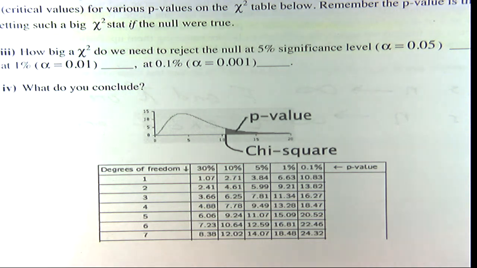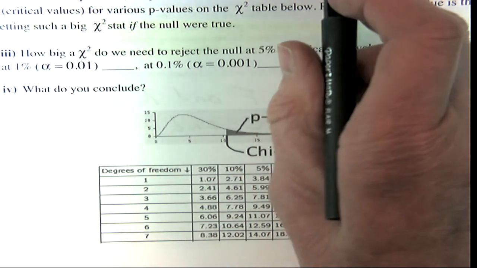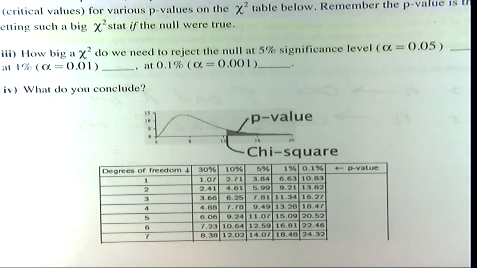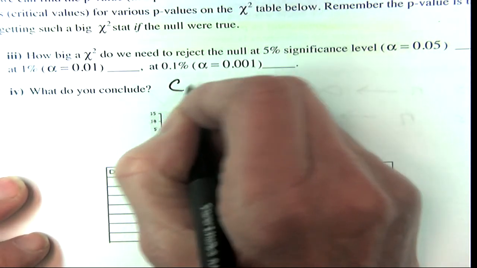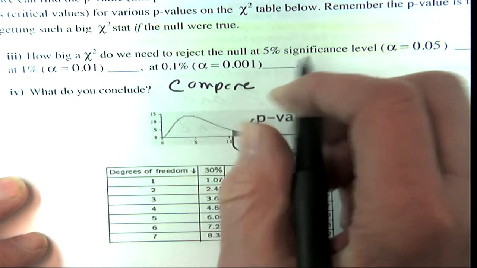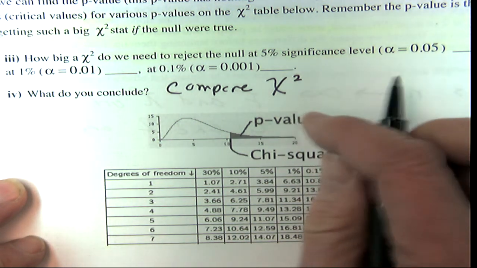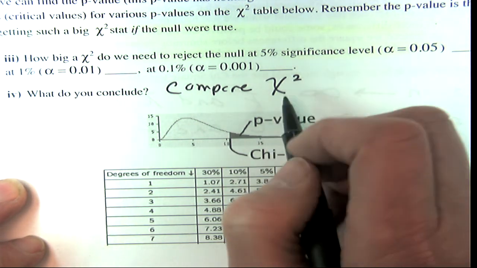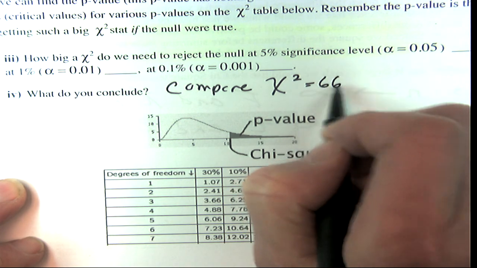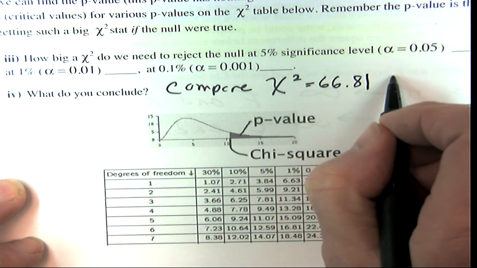Well, what you want to do is compare our chi-square stat with 2 degrees of freedom, which was equal to 66.81, to what?